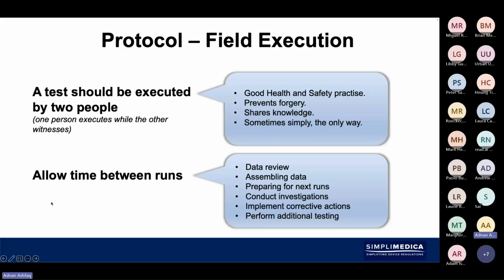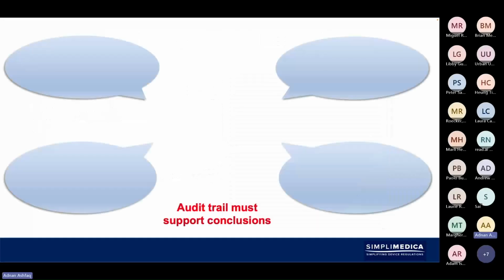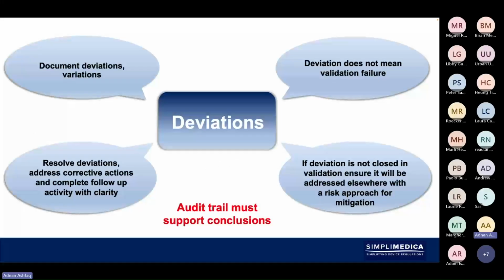And then you also need to allow time between runs for data review, assembling data, preparing for next runs, conducting investigations, implementing corrective actions, and performing additional testing. So if you have deviations at any point, that's obviously something that an auditor wants to see during an audit trail to support any conclusions.